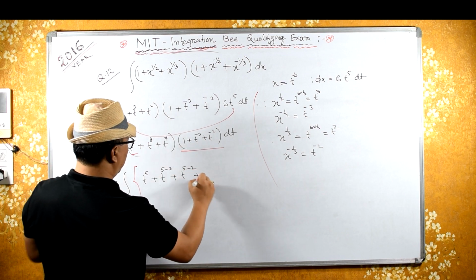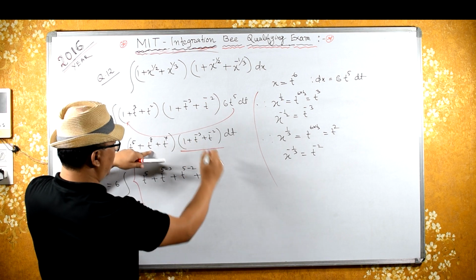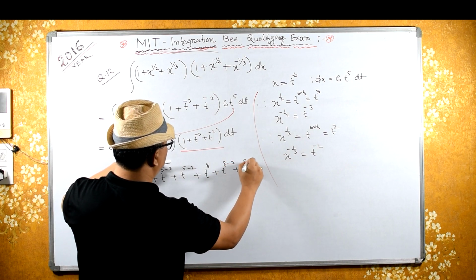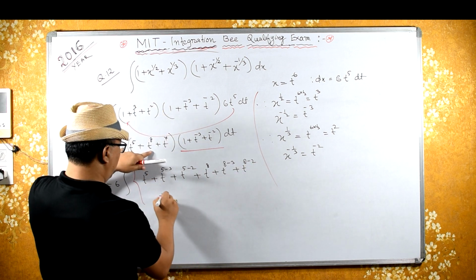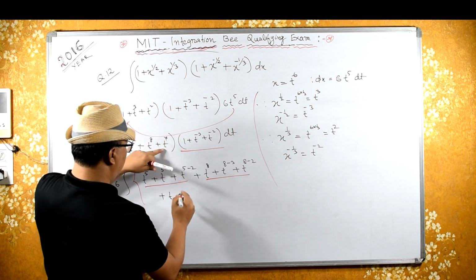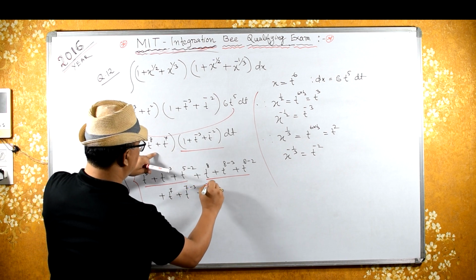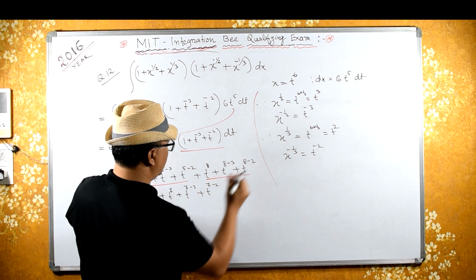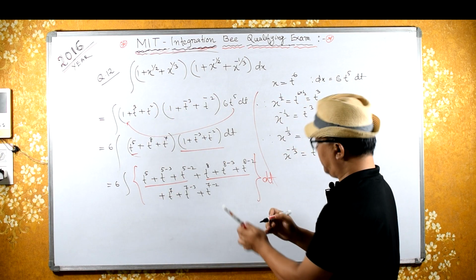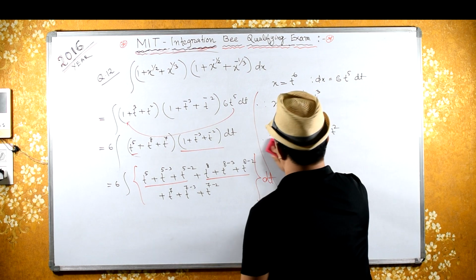Plus again, t raised to 8 into 1 is t raised to 8, plus t raised to 8 minus 3, plus t raised to 8 minus 2, plus t raised to 7, plus t raised to 7 minus 3, plus t raised to 7 minus 2, and this is dt. Now we have to make all these into linear form. So now let's erase this one.